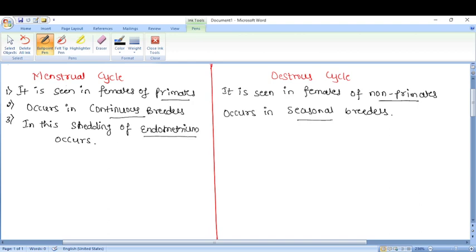The endometrium, the inner wall of the uterus, gets shed off. Whereas in the oestrus cycle, there is no shedding of the endometrium, but the endometrium is reabsorbed.